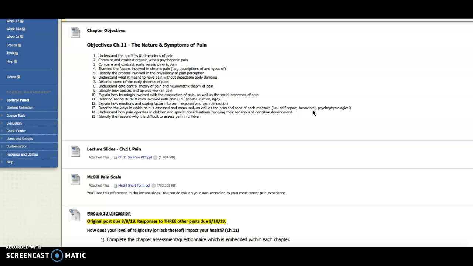We tend to baby a pain area. So for example, if your knee is hurting, you might limp a little bit or walk a little differently. That would be a behavioral measure of pain, something we could actually see in a person's behavior. And then psychophysiological measures might be how a person's body is responding to the level of pain.